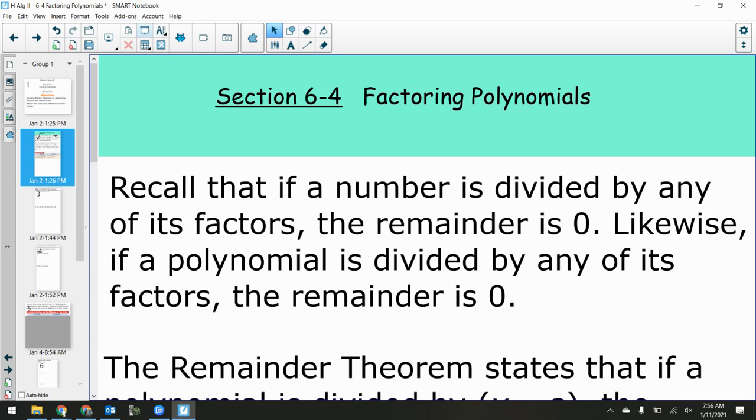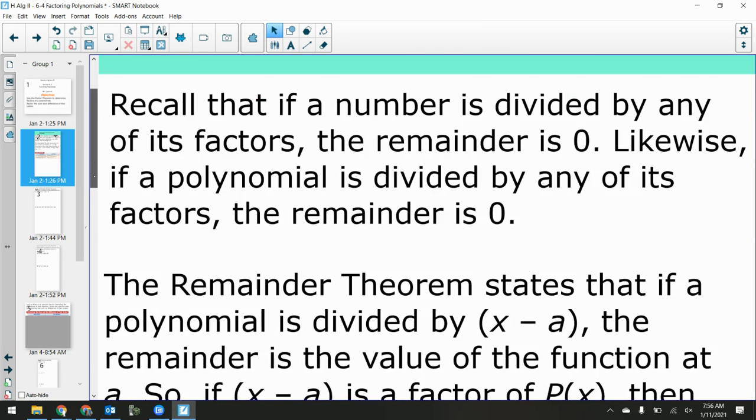If I divide a number by one of its factors, I get a remainder of 0. Likewise, you could do the same thing with polynomials. There was that example in our synthetic division notes where the remainder was 0, and we talked about it being a factor of that polynomial.